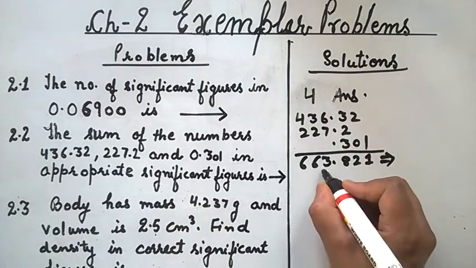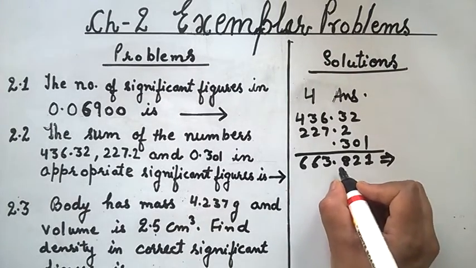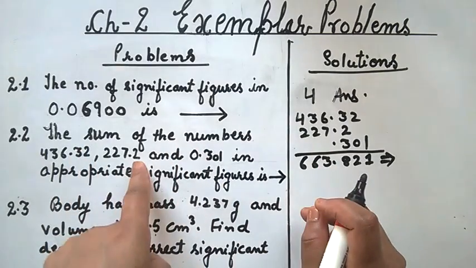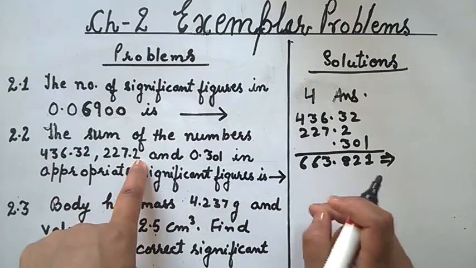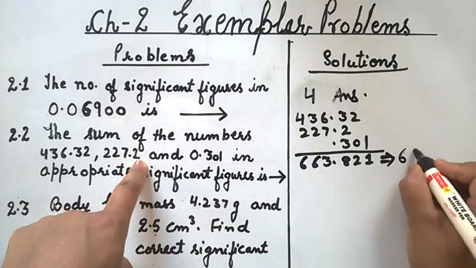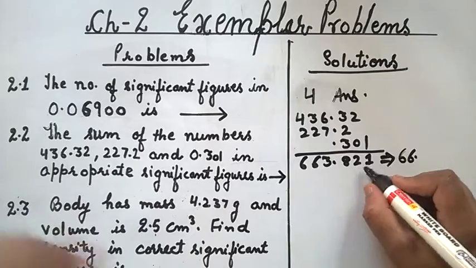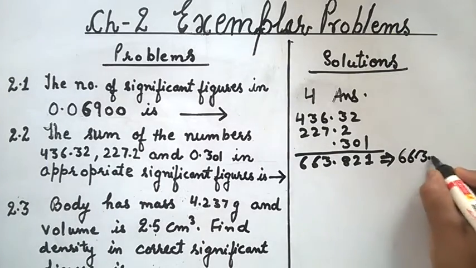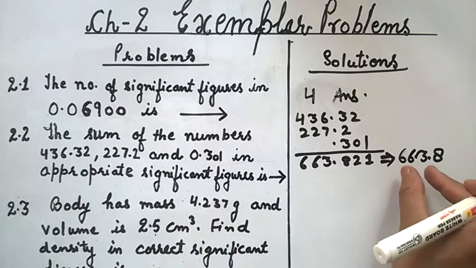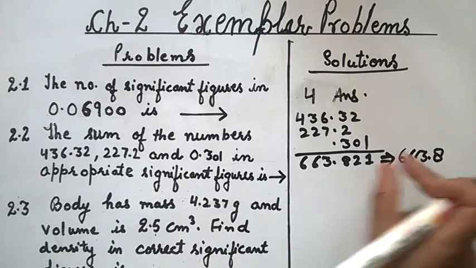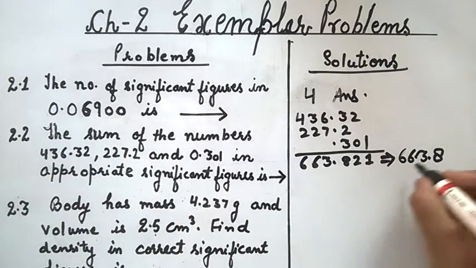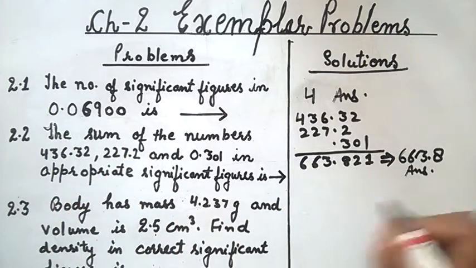Now we will round it off up to the least decimal place given in the question. So here the least decimal place is the middle one, that is 0.2. So we'll round it off up to one decimal place, that is 663.8. Now again we will not round it off to 664, because as per the rules we have to round it off up to one decimal place. So this is the answer of the problem.